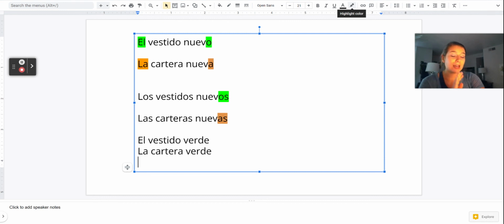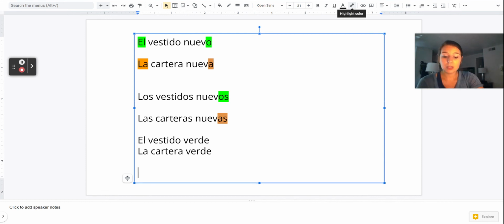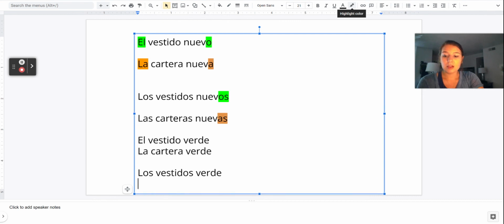Verde does not change because it works for masculine or feminine nouns because it ends in an E. Los vestidos verdes, las carteras verdes. So we want to talk about the green dresses now. So with verde, we simply add an S. Just like las carteras, the green purses, plural, we're going to add an S.